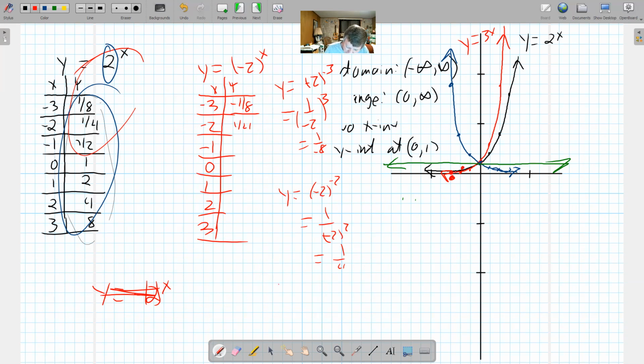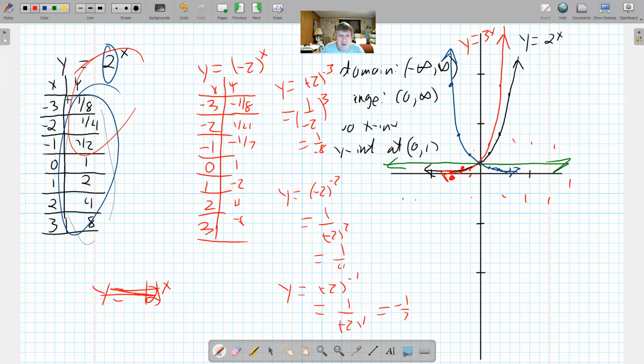If x is -1, y equals -2 to the -1, which is 1 over -2 to the 1, which is -1/2, which is, let's see, here. And then if x is 0, that's going to be 1, then -2, 4, -8. The problem is this thing's going to jump all over the place. It doesn't work. In fact, if you put it on a graphing calculator, it just sits there and spins.